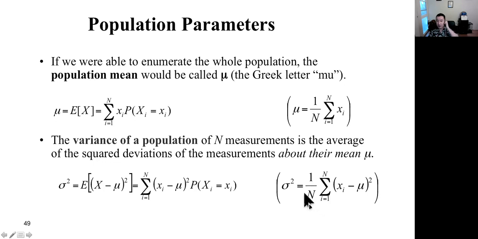The only difference between sigma squared and S squared is that sigma squared is divided by n, but S squared is divided by n minus 1. Remember last time we talked about why we need to divide by n minus 1, not n. So again, you can see the equations for mean and variance for the population and the sample are pretty much the same, with a very small difference.